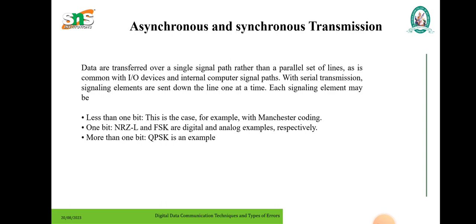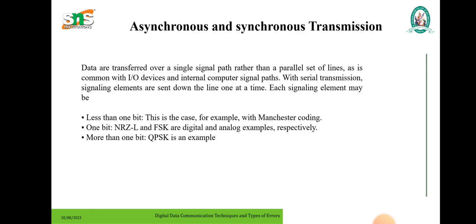Asynchronous and synchronous transmission. Data are transferred over a single path rather than a parallel set of lines, as is common with I/O devices and internal computer signal paths. With serial transmission, signaling elements are sent down the line one at a time.